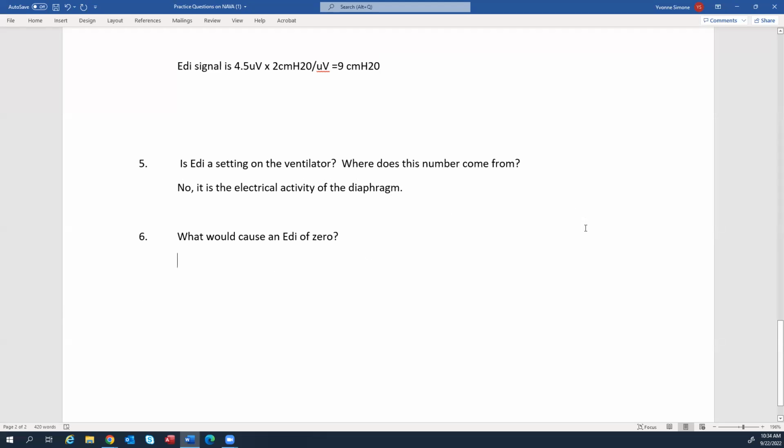What would cause an EDI of 0? Why would there be no signal coming from the diaphragm? So we talked about this in lecture. If we are overventilating the patient, they're not going to need to breathe anymore, so the signal would be 0.